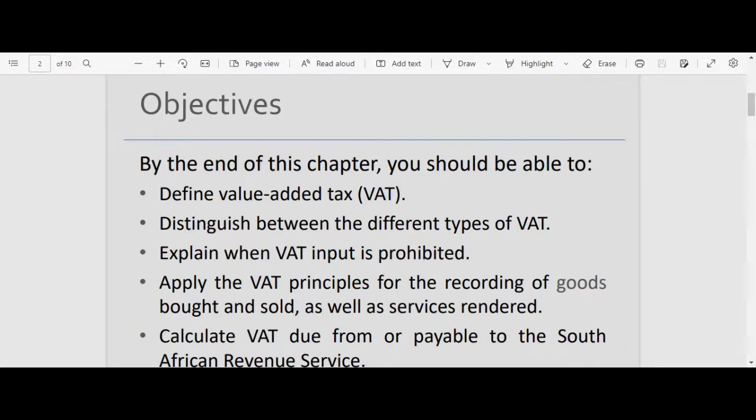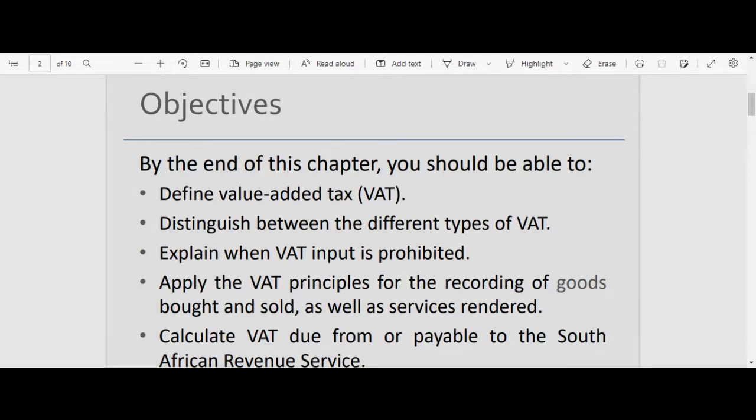So value added tax is an indirect tax, and this is where you should take notes now, please. Value added tax is an indirect tax, and then in brackets a transactions tax. A transactions tax is a type of indirect tax.